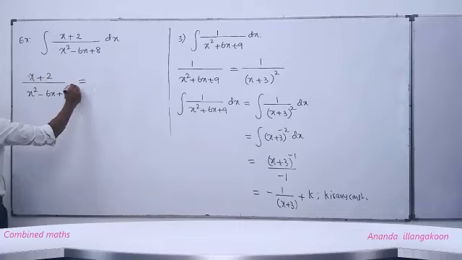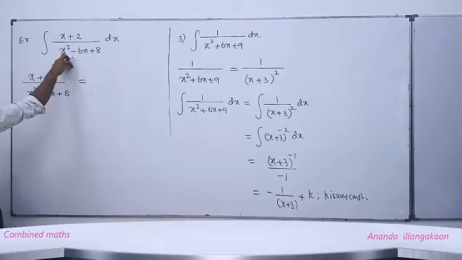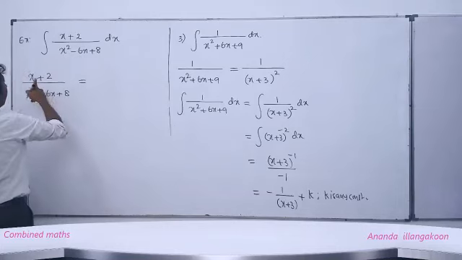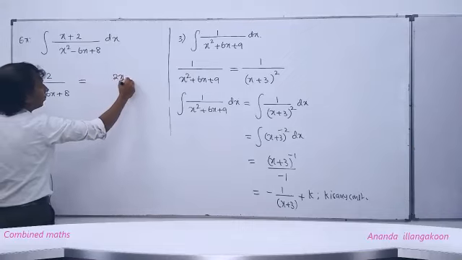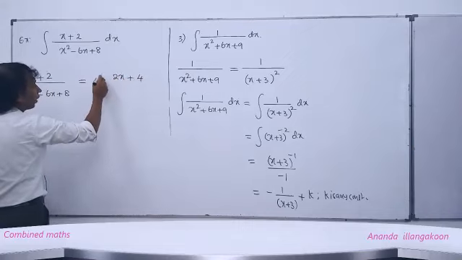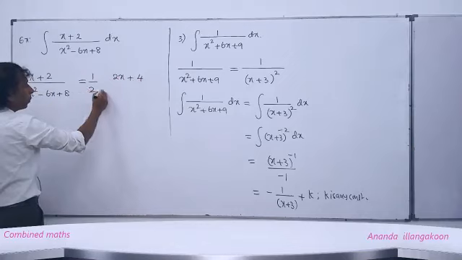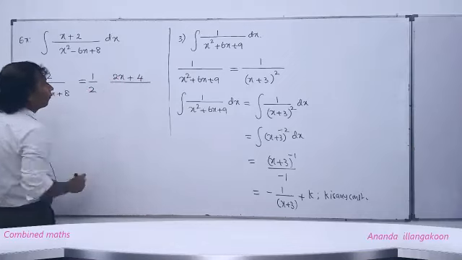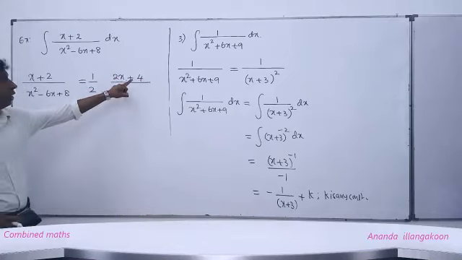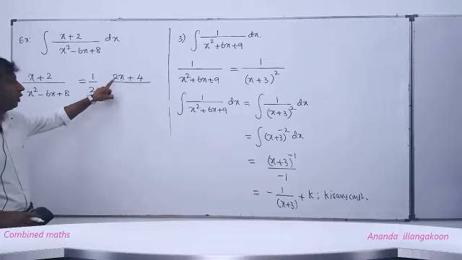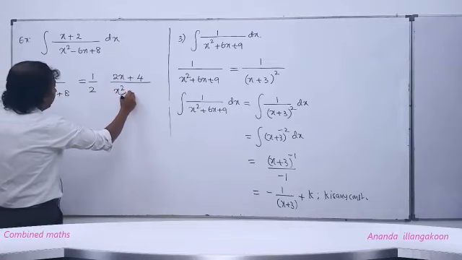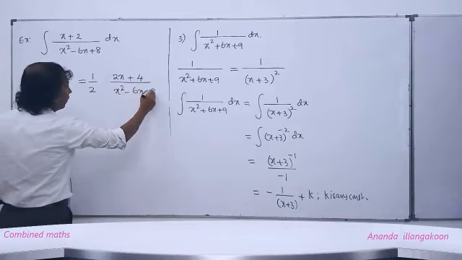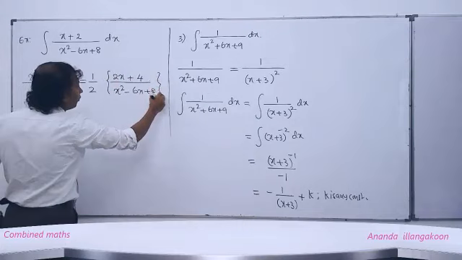Now we notice the derivative of this denominator is 2x minus 6. First of all, what I do is multiply this x plus 2 by 2. Then we get 2x plus 4, no? Right. Meantime, I divide by 2, like this. Then when you take 2 out and cancel it with this 2, we get x plus 2 again.